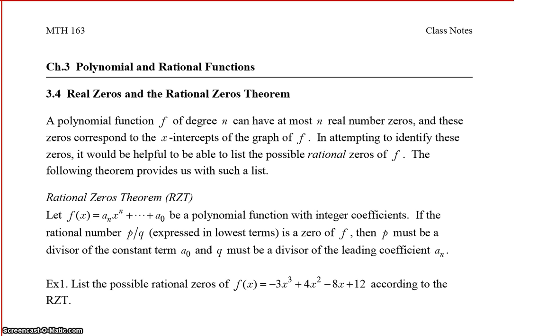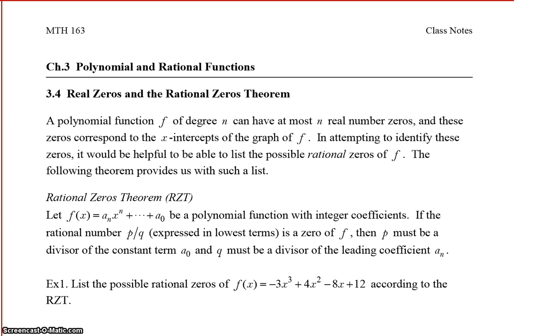So we want to have our function expressed in a form where the coefficients are integers. If the rational number p over q, expressed in lowest terms, is a zero of f, then p must be a divisor of the constant term a_0, and q must be a divisor of the leading coefficient a_n.